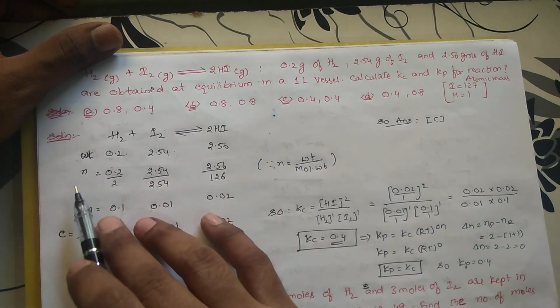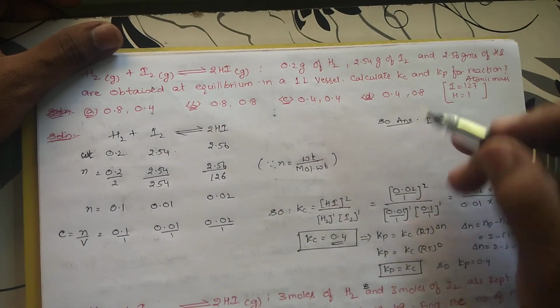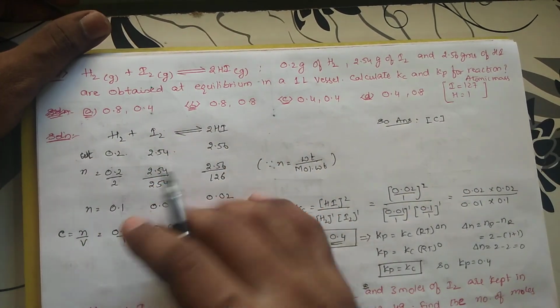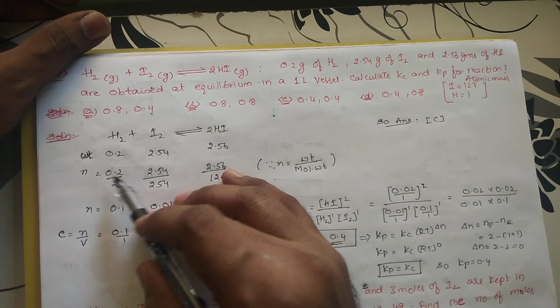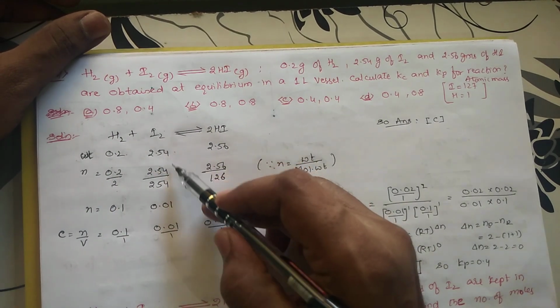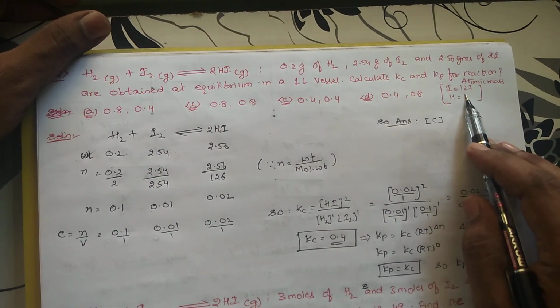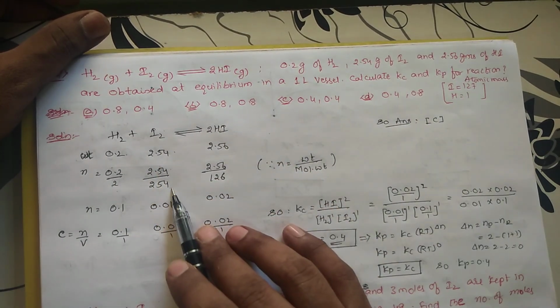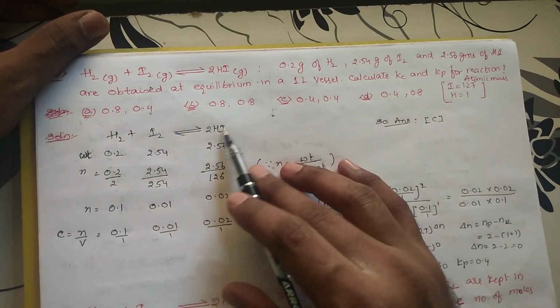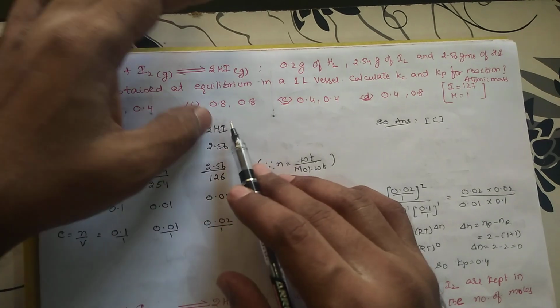If you want to convert weight into moles, what will you do? Weight by molecular weight. You know that very well, you have already done this in the gaseous state. n is equal to weight by molecular weight. So it is 0.2 by, what is the molecular weight of H2? It is 2. Next, 2.54 by, what is the iodine atomic weight? It is 127, and you have 2 iodines, so it is 254. HI weight is 2.56 grams, and for HI don't take 2 here.